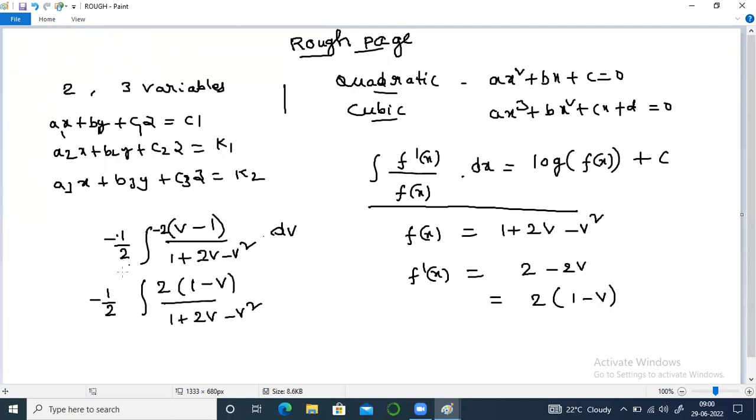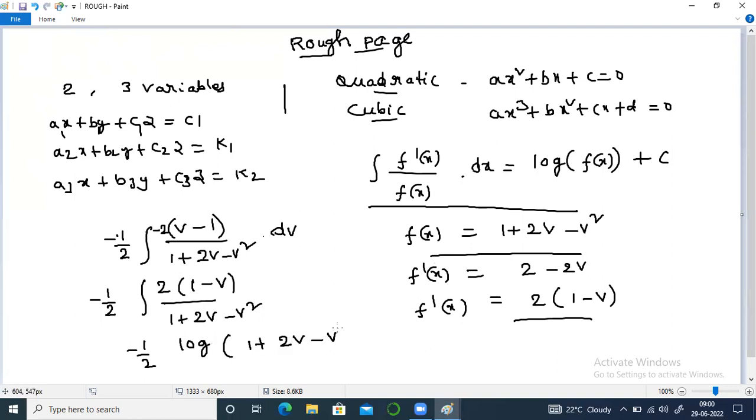So minus 1 by 2 into this. Now this is f dash x exactly. See, f dash x is 2 into 1 minus v, and f of x is 1 plus 2v minus v square. Now what is the formula? Log f of x, which is log 1 plus 2v minus v square.